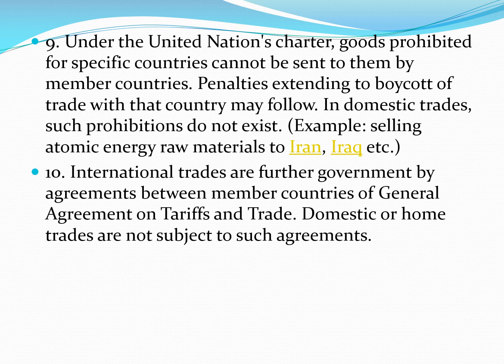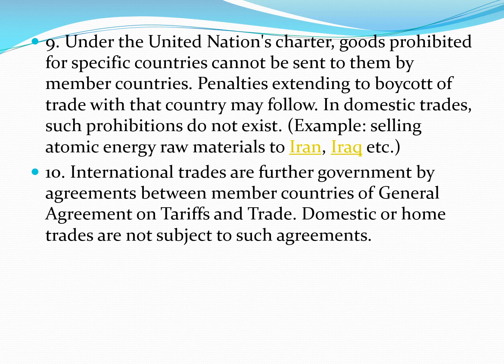So under the United Nations, it is for all the nations. According to that principle, goods which are prohibited for any country, maybe India, cannot be sent by foreigners to that member country, because there it's not good.